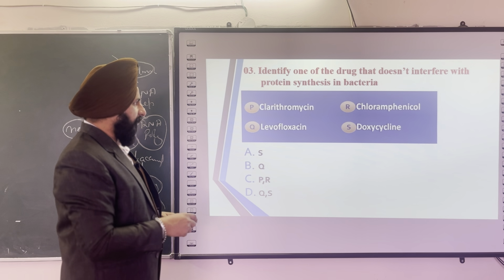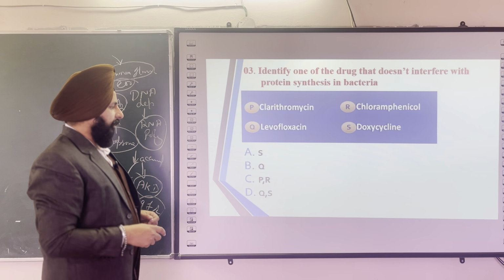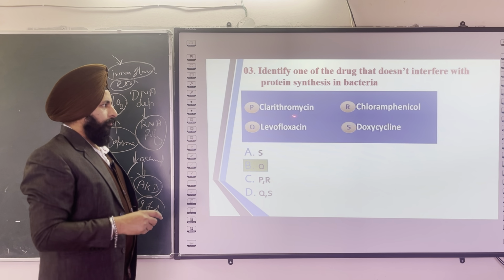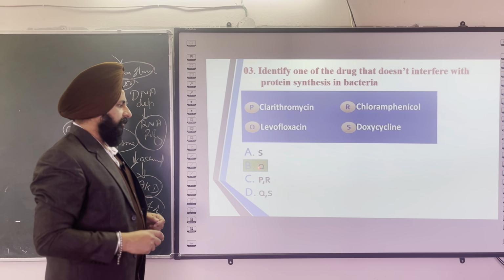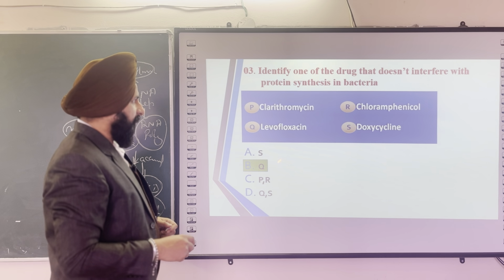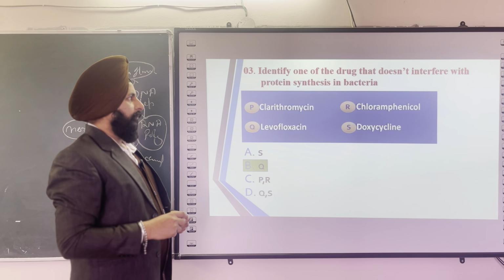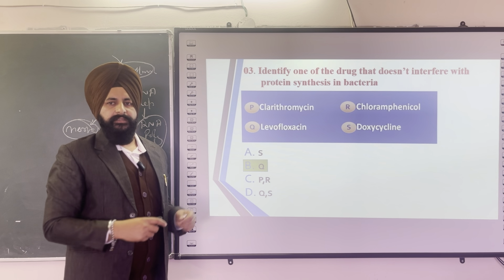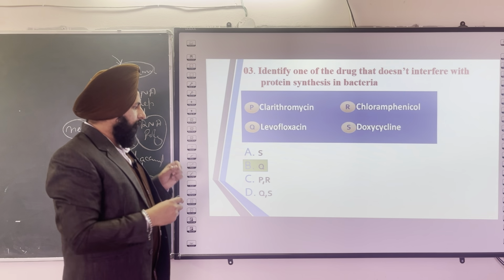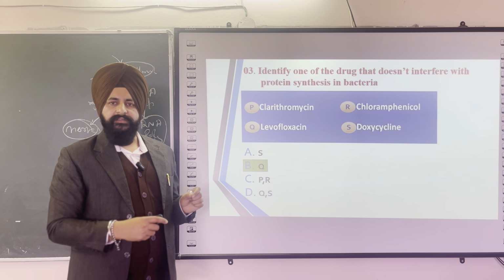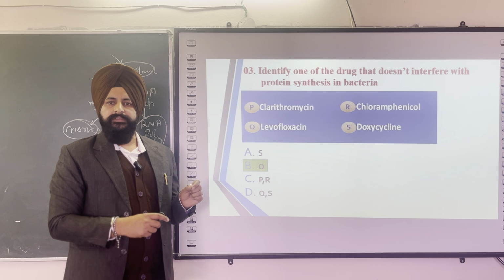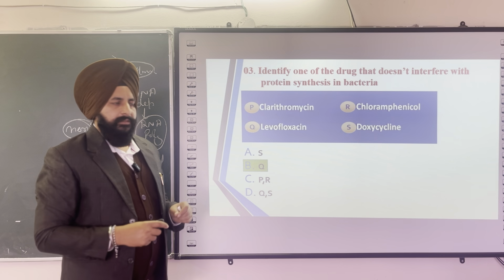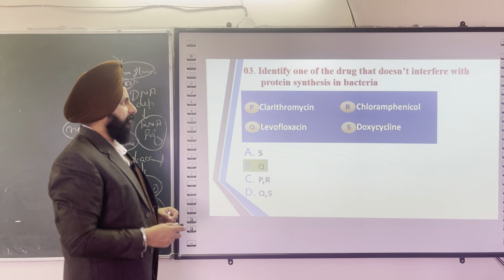So you choose the correct answer. The correct answer is Q. You know that levofloxacin does not act by inhibiting protein synthesis, because levofloxacin interferes with the DNA. That is why levofloxacin is a bactericidal drug against gram positive and gram negative bacteria. So this is the right answer for this question.